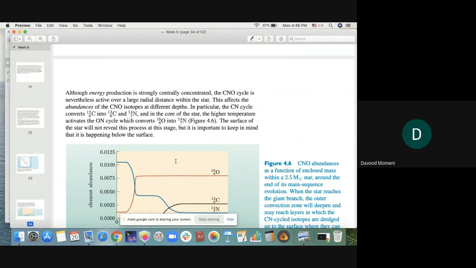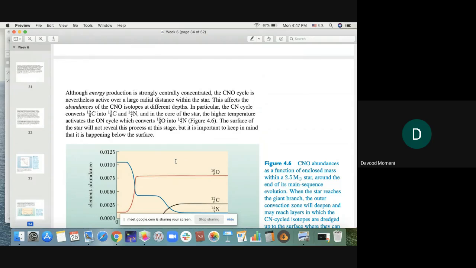And this will affect the elements which exist in the stars. The CNO cycles will nevertheless be active over a large radius. We call this the effect of the abundance of the CNO isotopes.